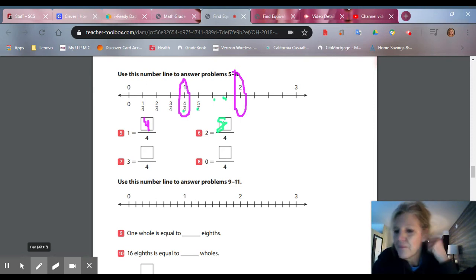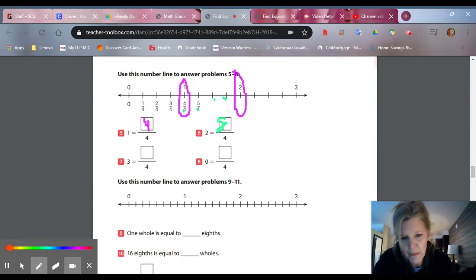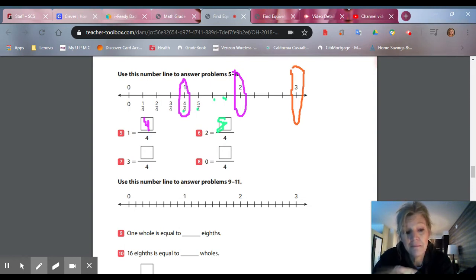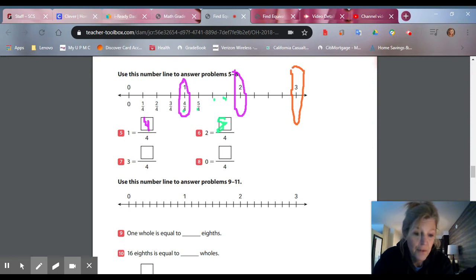Number 7. 3 is how many fourths? 3 equals blank fourths. How many fourths are in 3? So using the number line, go down to 3. How many fourths are going to be in 3? Well, you need to count the fourths.